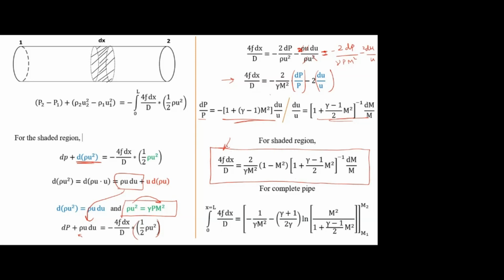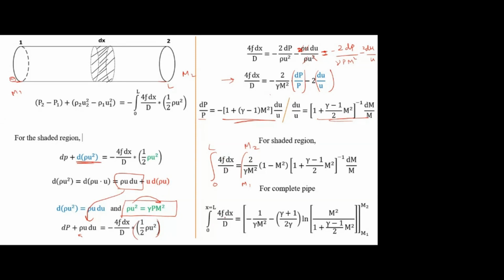If you want it for the complete duct, simply you will integrate it. The length varies from 0 to L and Mach number varies from M1 to M2. Here we have M1, distance starting from 0 to L, and here I have M2. Now you integrate and apply the limit.